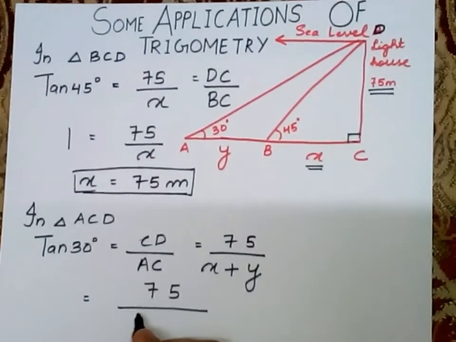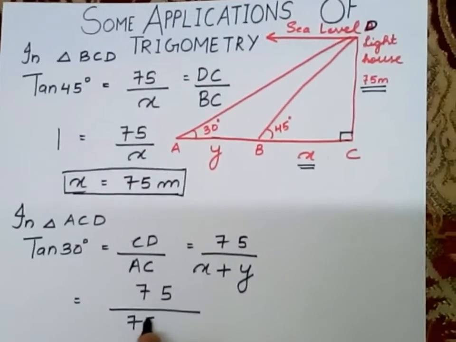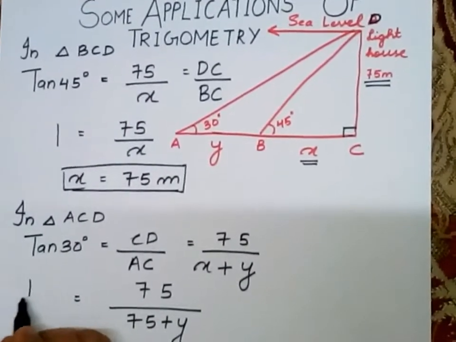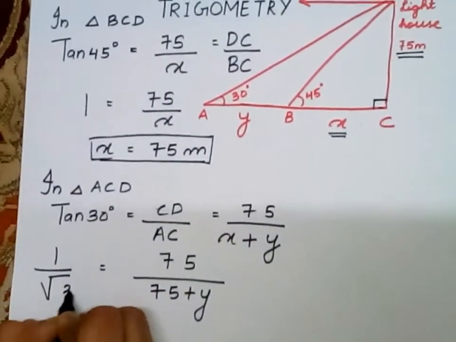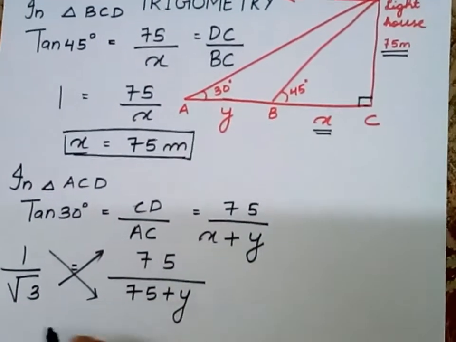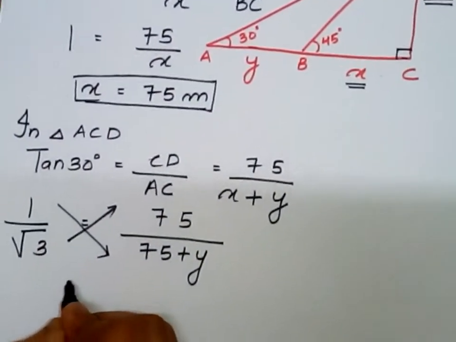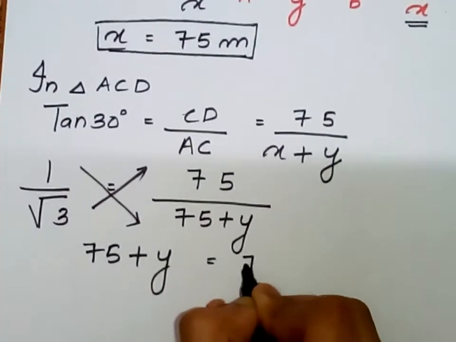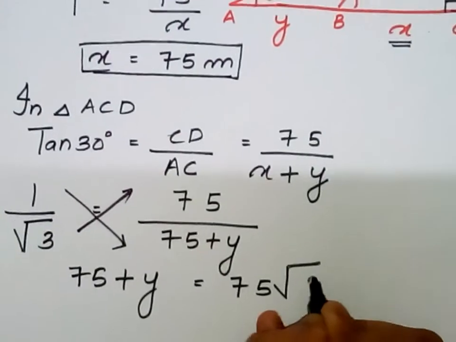So 75 by 75 plus Y. Tan 30 is 1 by root 3. Now cross multiply this. You will get 75 plus Y is equal to 75 root 3.